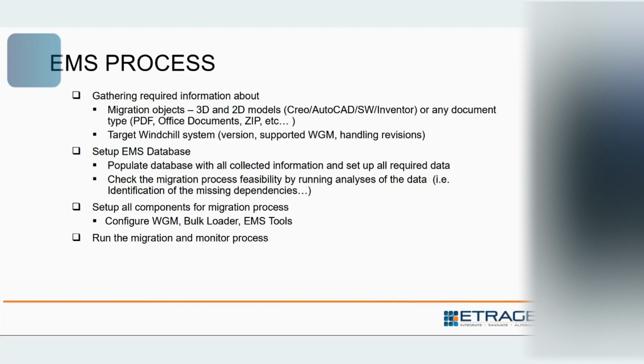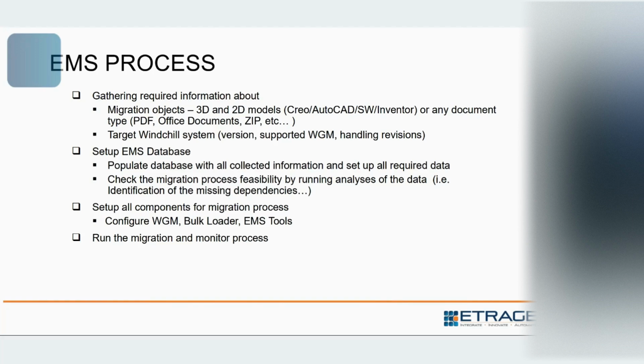How does Windchill handle revisions? Can we skip the initial revision? Do we need to keep the original iterations and revisions from the source system, and so on? Such kind of information we are collecting.